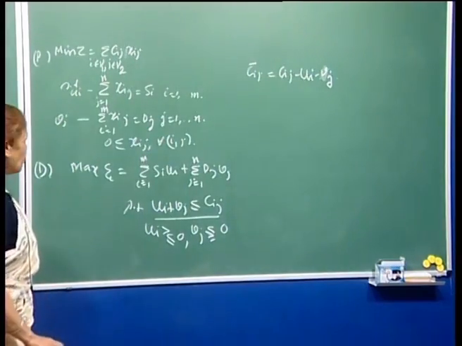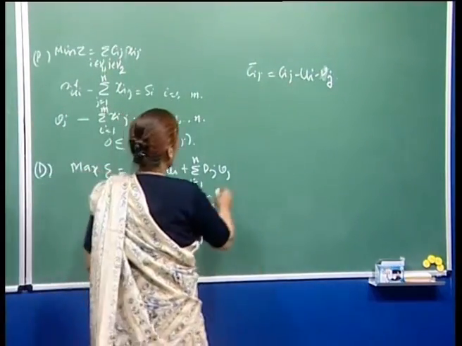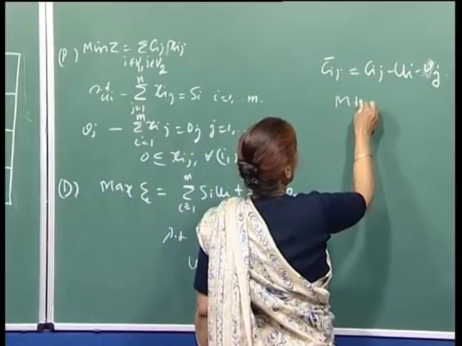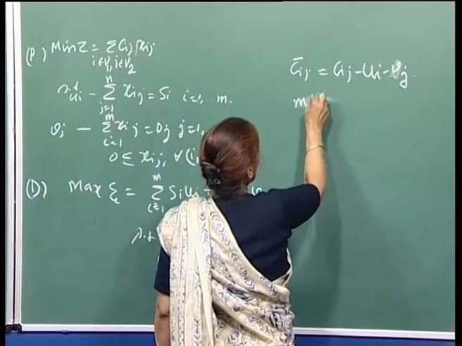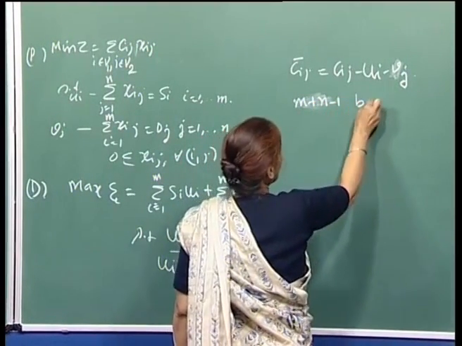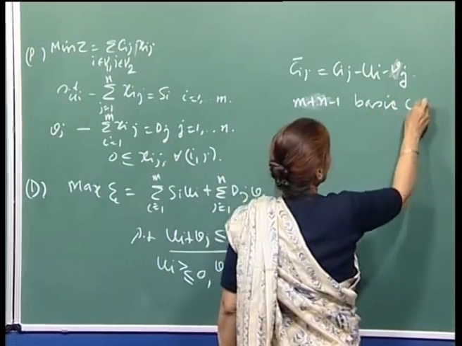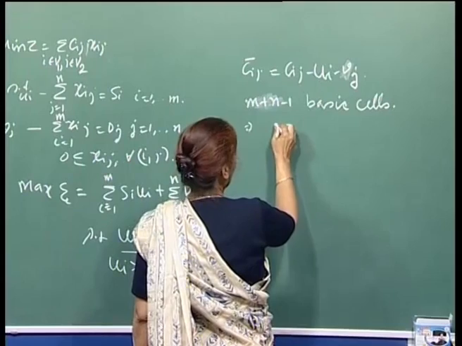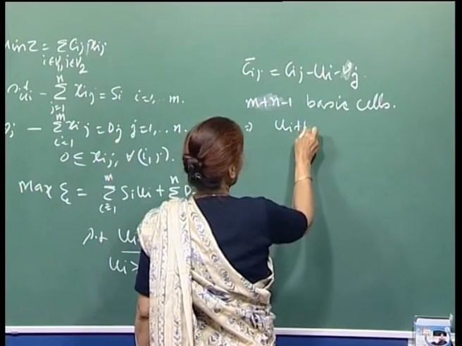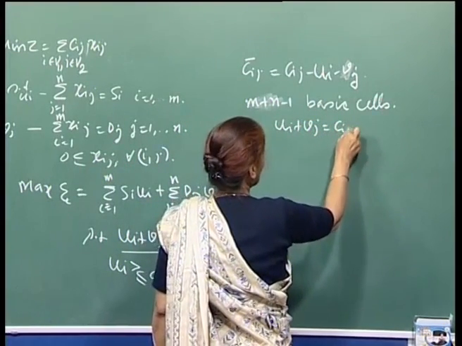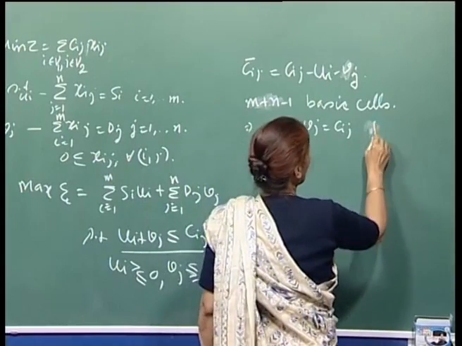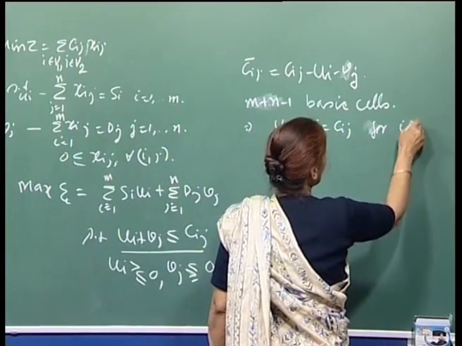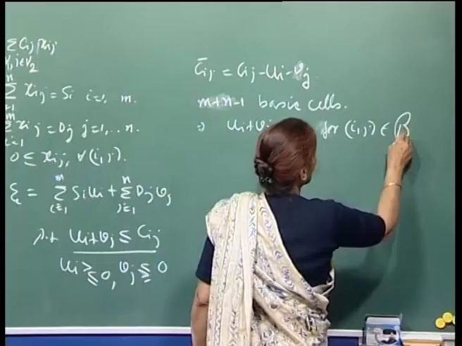So, now let us see how many equations, since there are m plus n minus 1 basic cells. This implies ui plus vj is equal to Cij for ij belonging to the basic set.